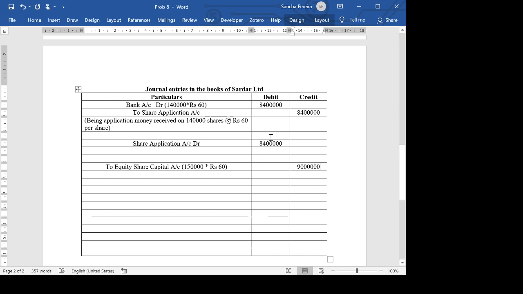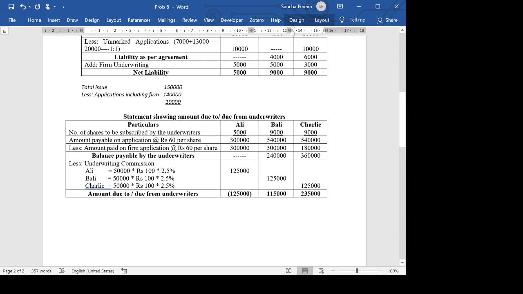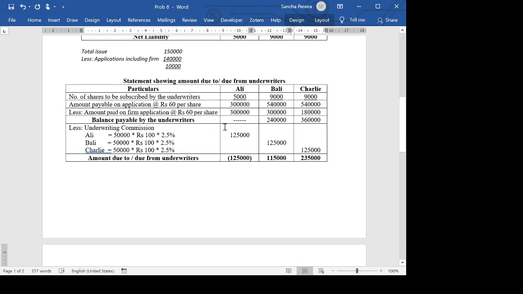Now the question is 84 lakhs has been received, but what you're transferring to equity share capital is actually 90 lakhs. Who's going to pay the balance? The balance will be payable by underwriters, and that balance should tally with this.